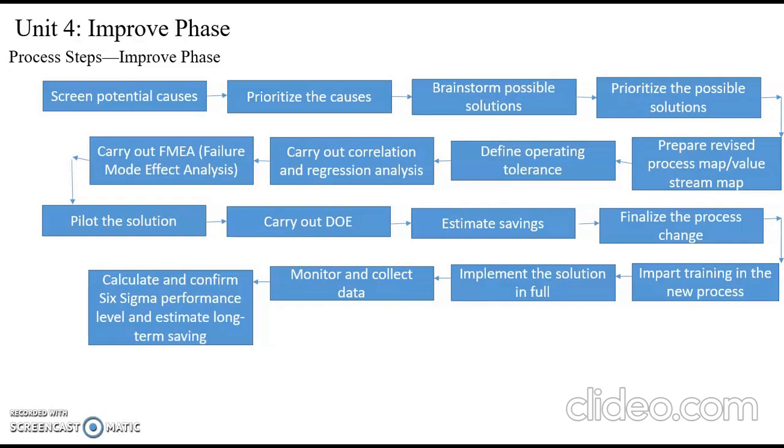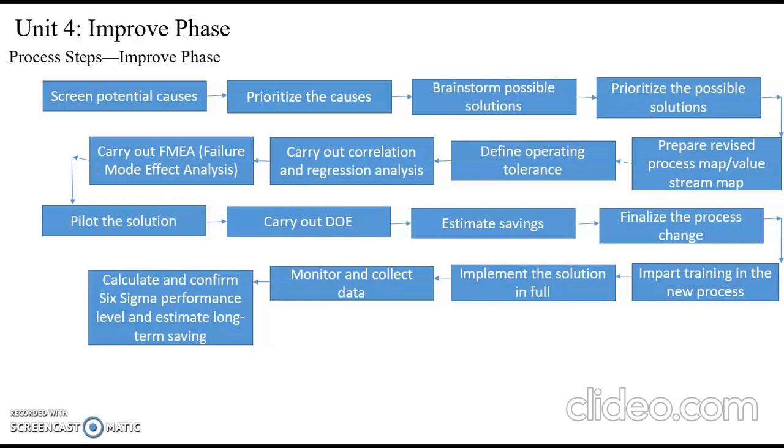Prior to the full implementation of the process change, you should pilot run the process. One thing, before carrying out the pilot run, all the preparatory work must be completed. Otherwise, simply rushing with the pilot run may create a mistake which in turn will make the team nervous and scared.